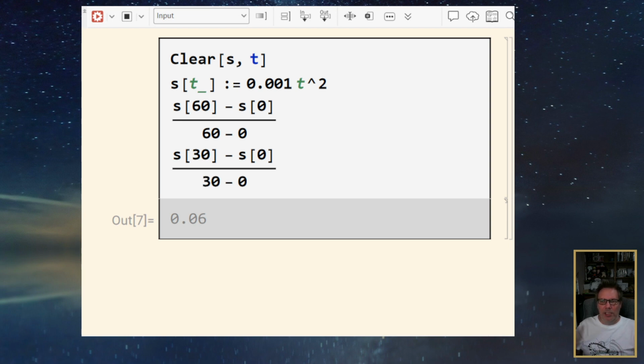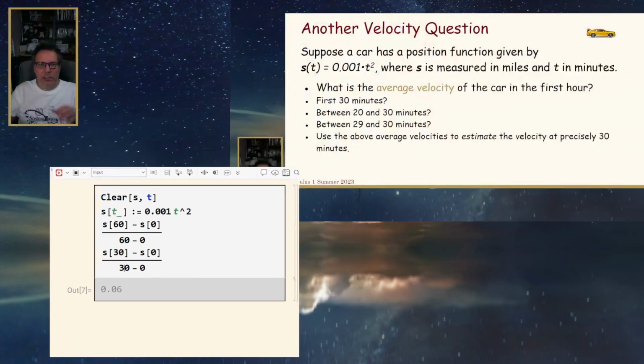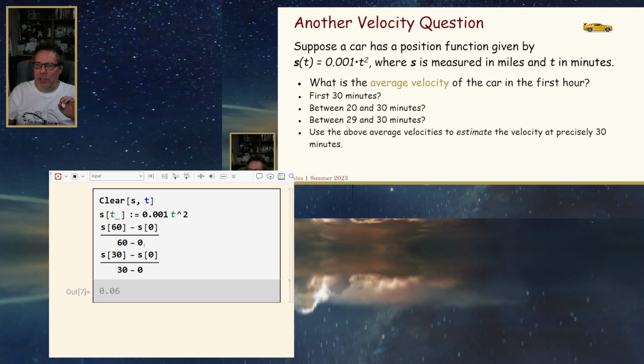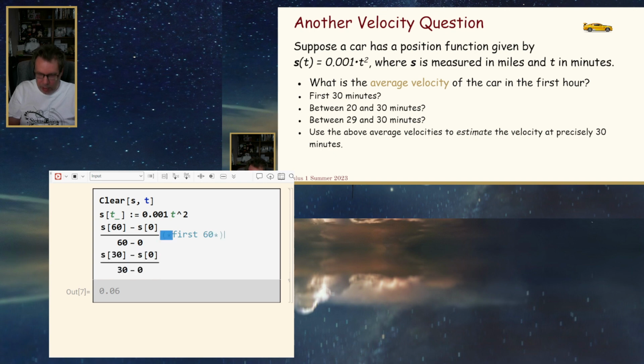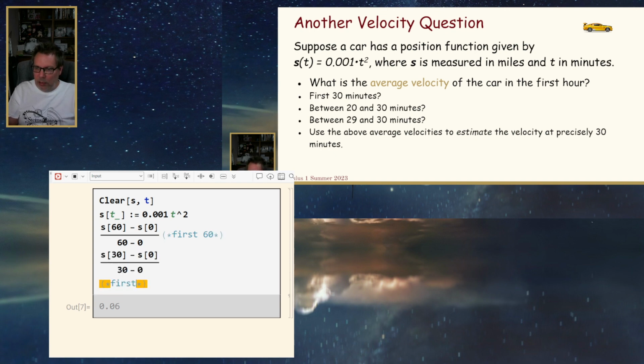So that's all I need to do to get my first 30-minute problem in there. So I have my computation for the first 60, and this one is the first 30.